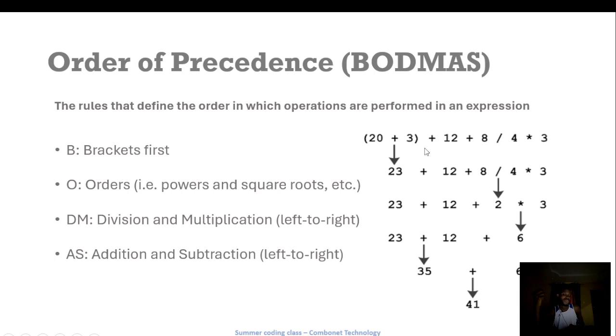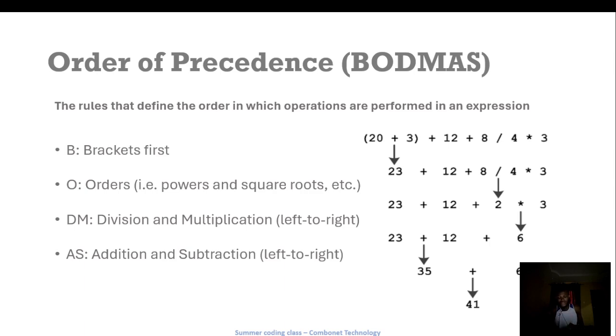Alright, so now look at this long expression: 20 plus 3 in brackets, plus 12, plus 8 divided by 4 multiplied by 3. Depending on what we do first is going to determine the answer we are going to get, right?